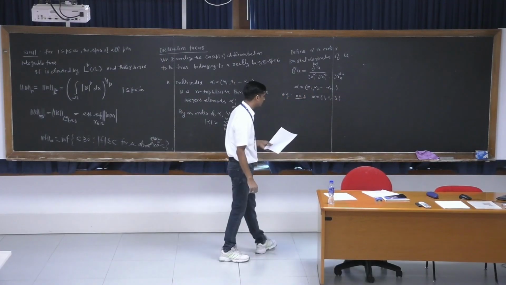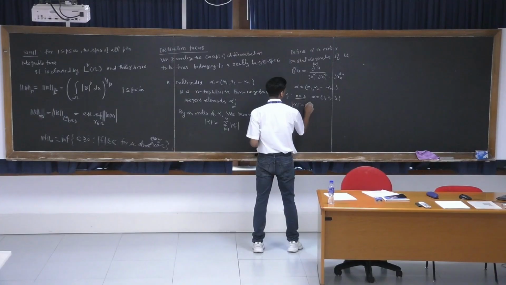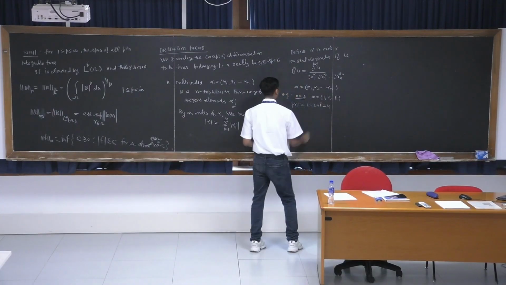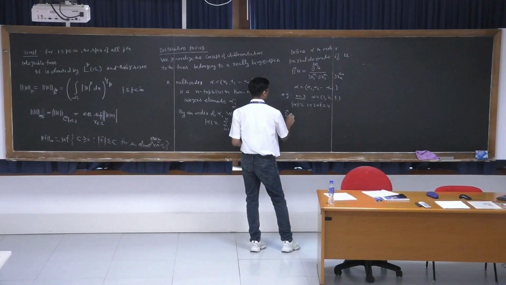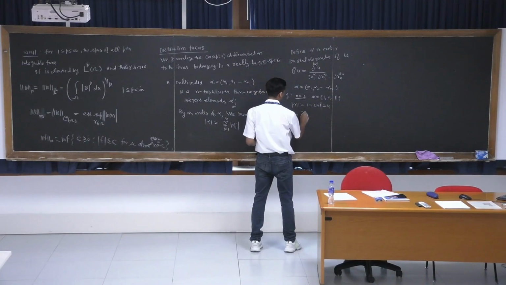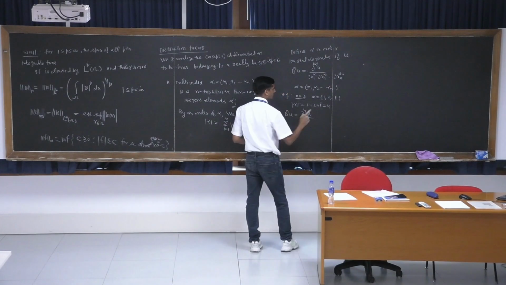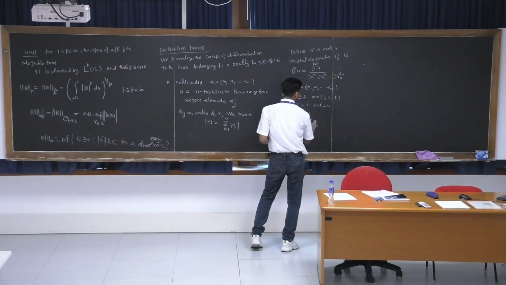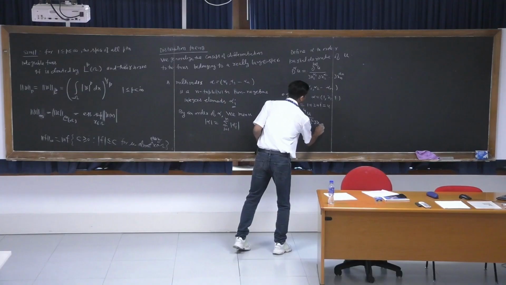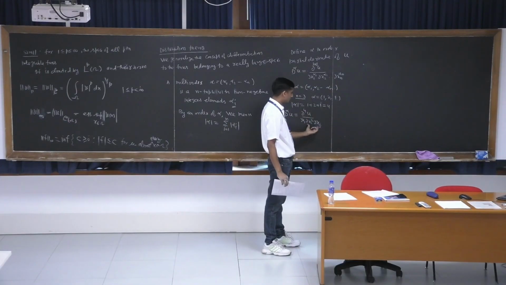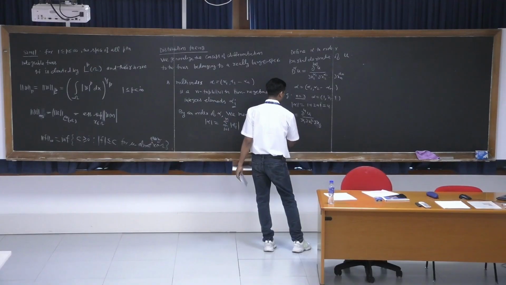The modulus of alpha is 1 plus 2 plus 3, which is 6. Or for a fourth order derivative: with respect to x1 one time, x2 two times, and x3 one time gives 4.